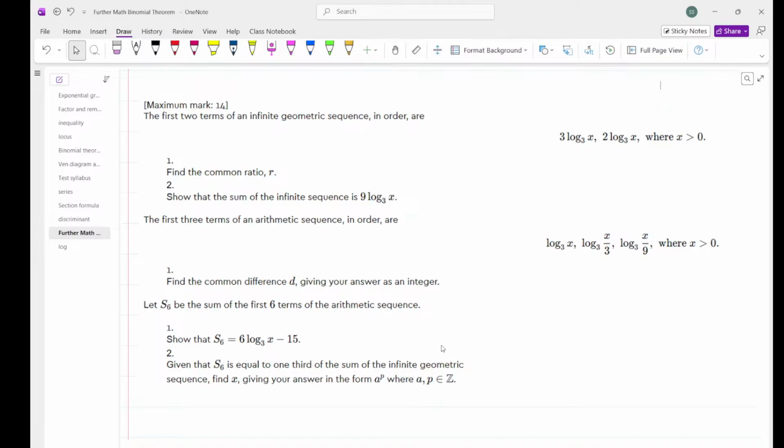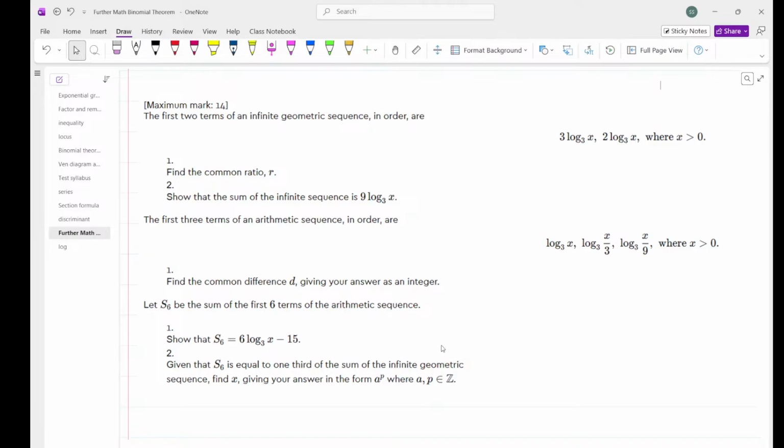So equal to 1 over x. Show that the sum of the infinite sequence, a, which is the first term, 3 log 3x. So wait, log 3x cubed divided by 1 minus r, minus 1 over x.